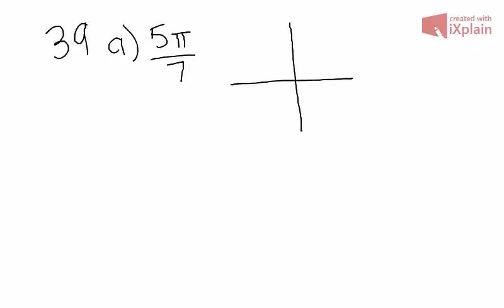Alright, so we'll jump into number 39 here. 39 has a couple different parts. Now, remember the t value is how far you go, right? Well, the reference number is how far from the nearest x-axis you are, okay?